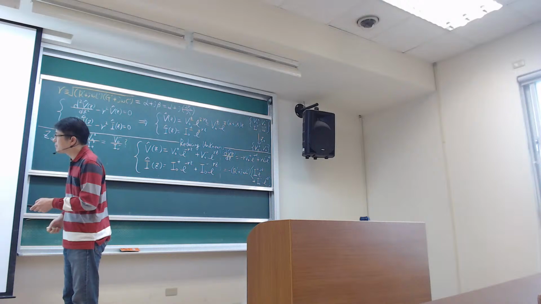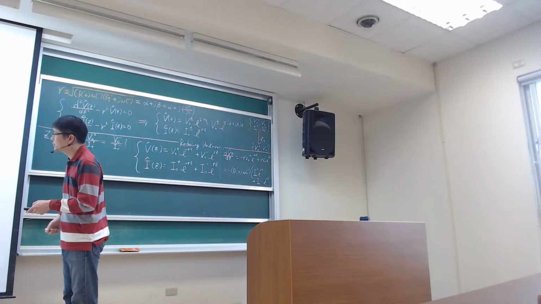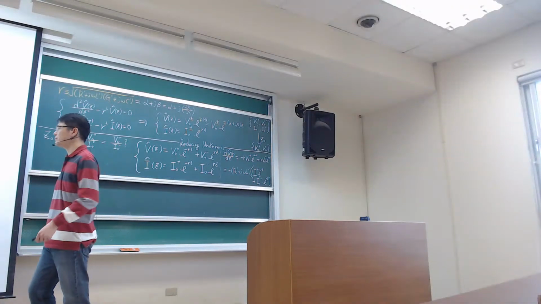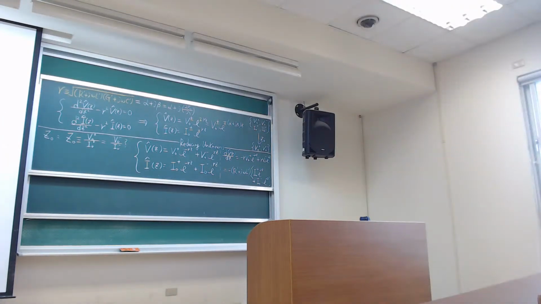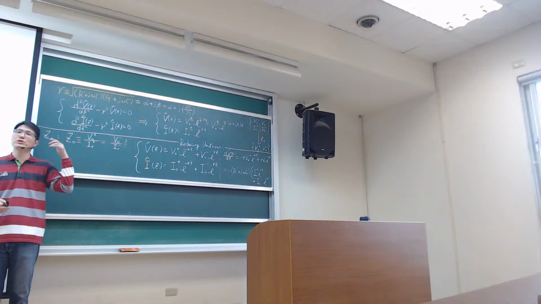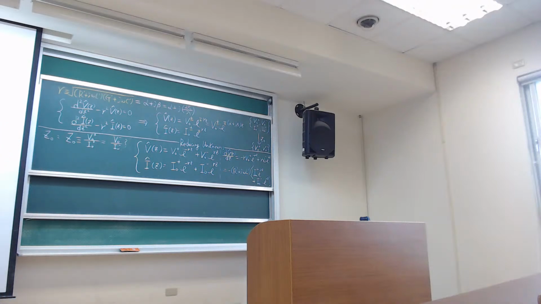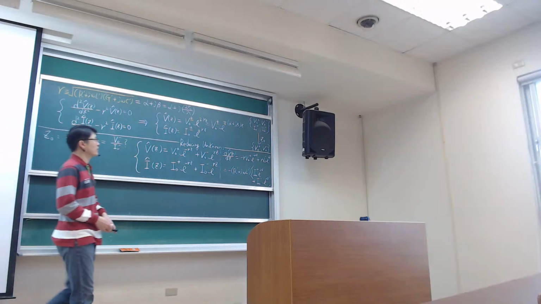Let me come back to the equation on the PowerPoint. Yeah, this one. So dV/dz equals negative something times current. All I'm trying to do is use my solution form of counterpropagating waves, perform its spatial derivative, and that would be equal to the negative of this one, the solution form of I.